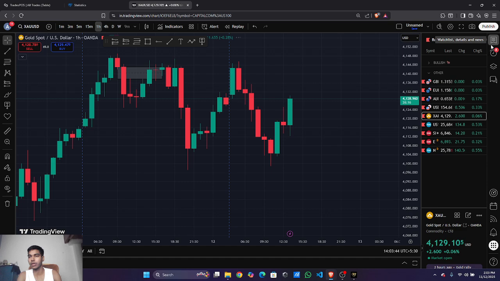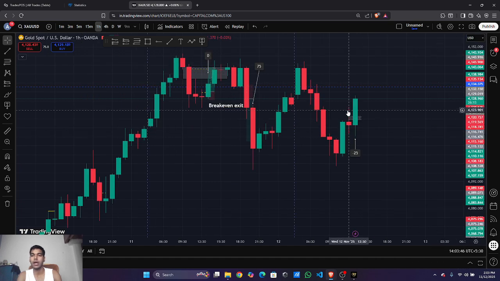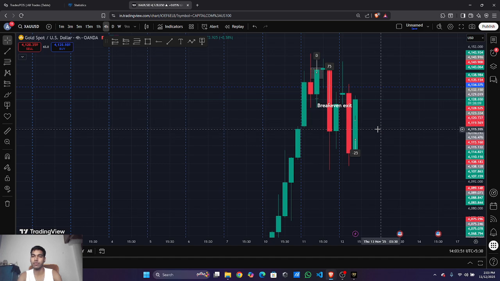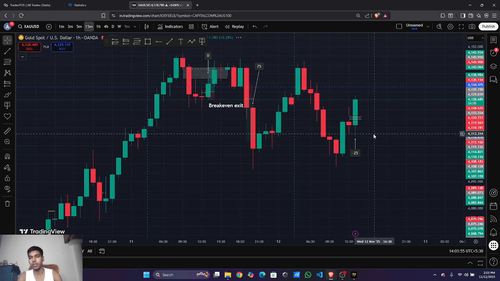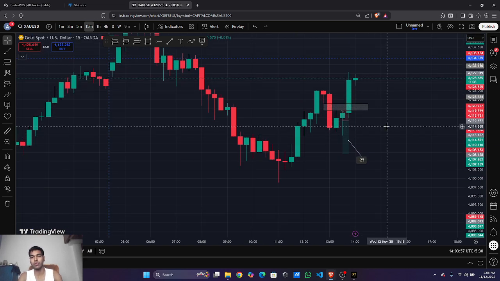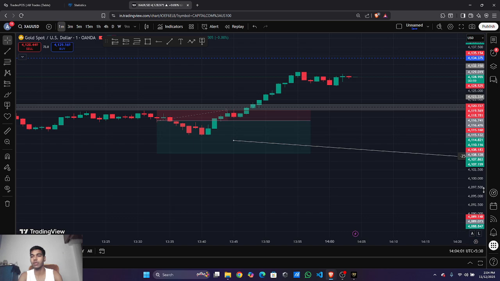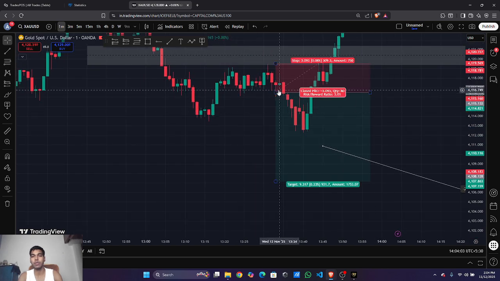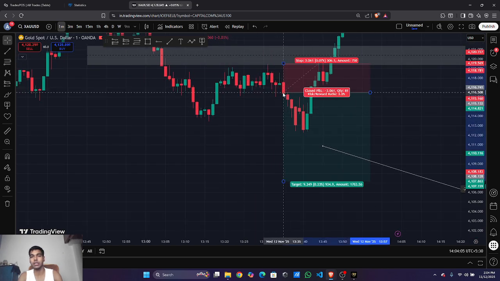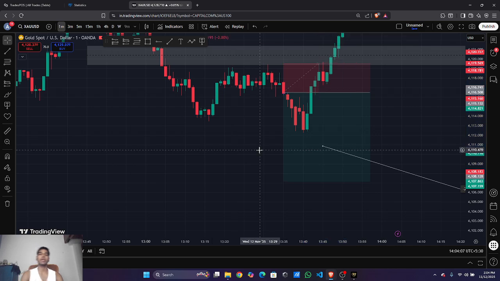Same in gold. If you look at this, my confluence was that there was a 4 hour order block over here. 1 hour was bullish, but then I saw 15 minutes. So we had two time frames telling us that it's bearish, and for confirmation we went to 1 minute, where we want a 1 minute break of structure. Then I'll enter. That's what we did.